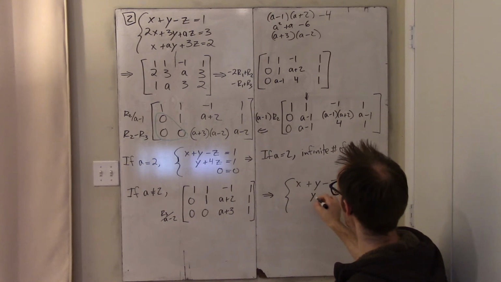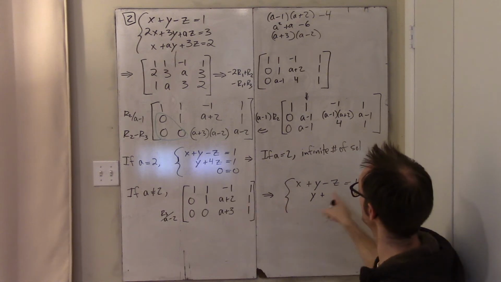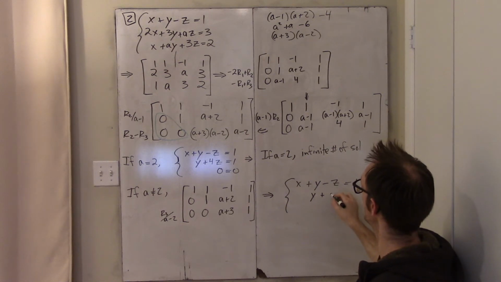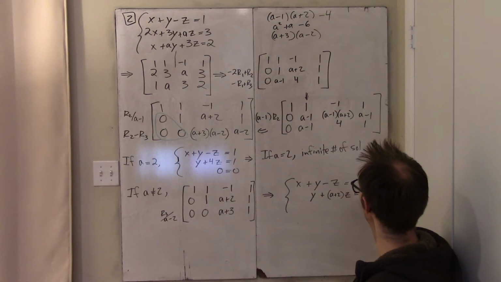This is y. Now here, I don't know what a is yet, so this coefficient is going to be a plus 2 z equals 1. And finally, we get a plus 3 z equals 1.